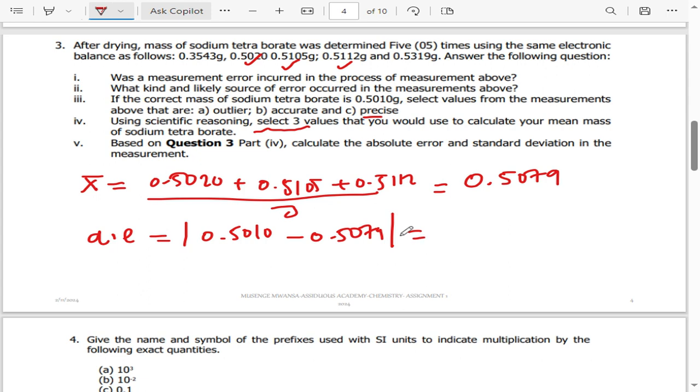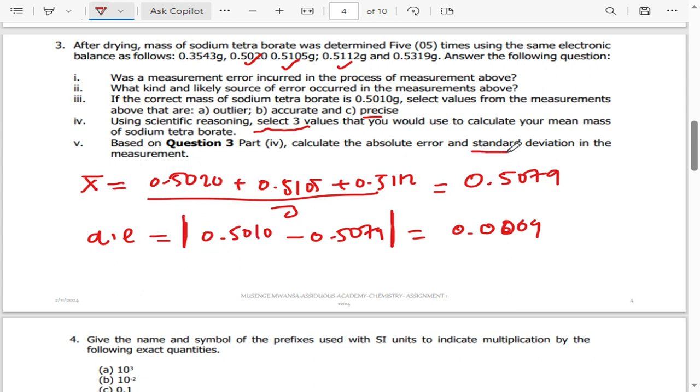So let's see what that gives us. 0.510 minus the other number there gives us 0.0069. Even if you find a negative answer, it should always be positive because this is absolute, and absolute means the answer that comes out should always be positive.